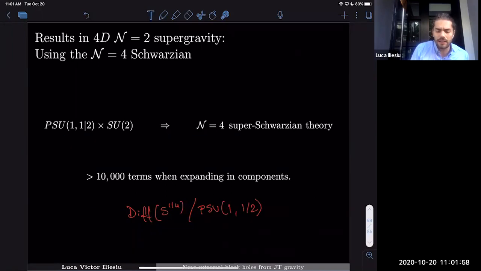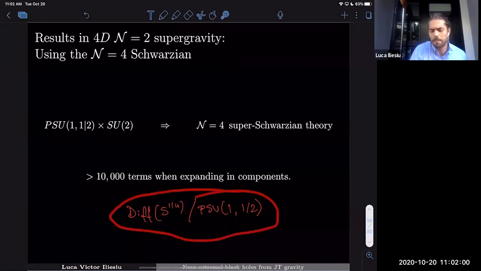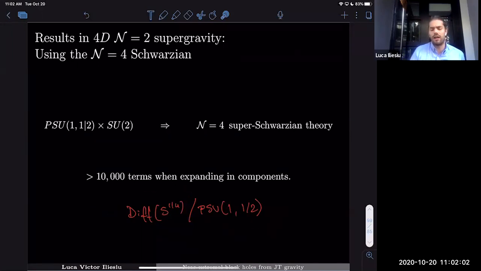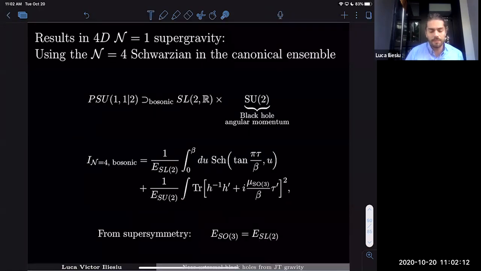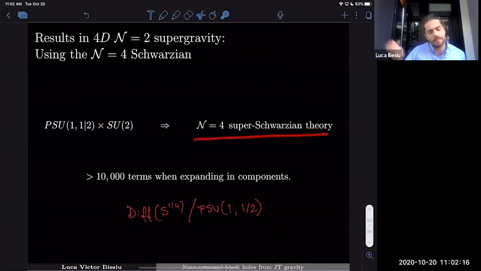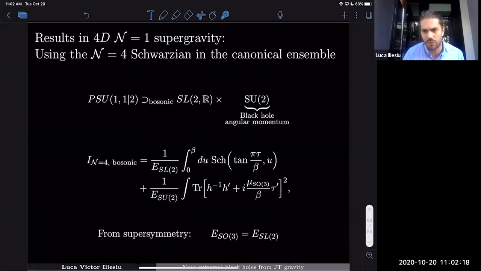It ends up that this integration space is symplectic and therefore allows for the use of some localization techniques for the path integral. So I won't go into details, I'll just mention what the bosonic part of this action is, because it's very simple to understand where it comes from.